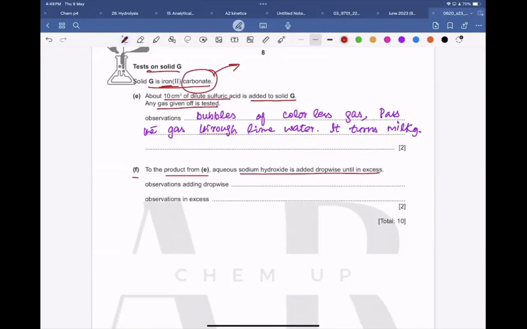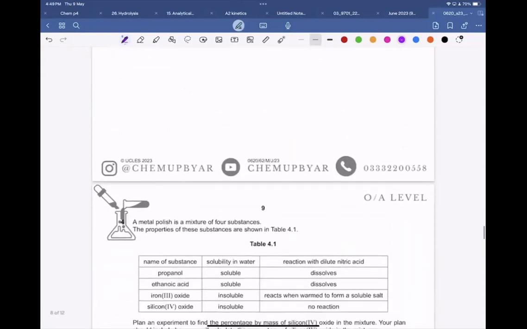So adding dropwise, what are we going to get for iron 2 positive ions? Green precipitates. Yes, very good. And these green precipitates are insoluble. Yeah, it's insoluble in excess.